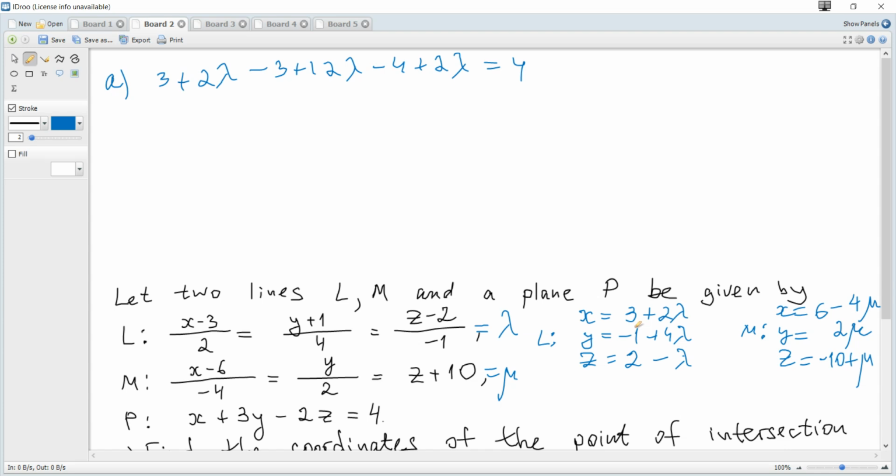Let's check: x, 3 plus 2 lambda, plus 3 times (-1 plus 4 lambda), minus 2 times (2 minus lambda) is 4.